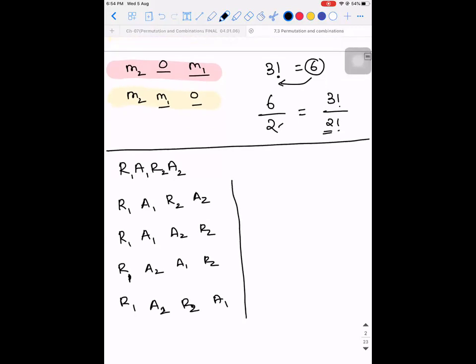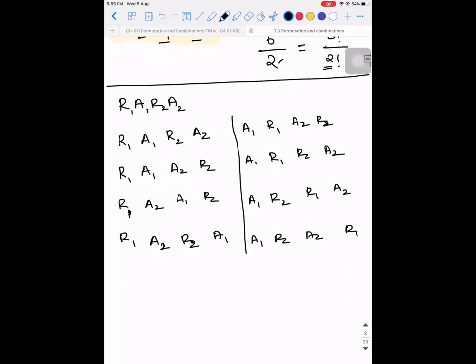Right. Similarly, I'll have A1 fixed, so A1 will get fixed 4 times. R1, A2, R2 and R2, A2. Okay, this is A1. Similarly, I will keep R2 here. It will be R1, A2, A2, R1. Correct?